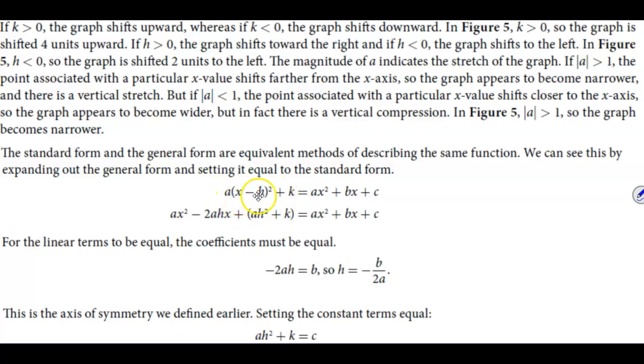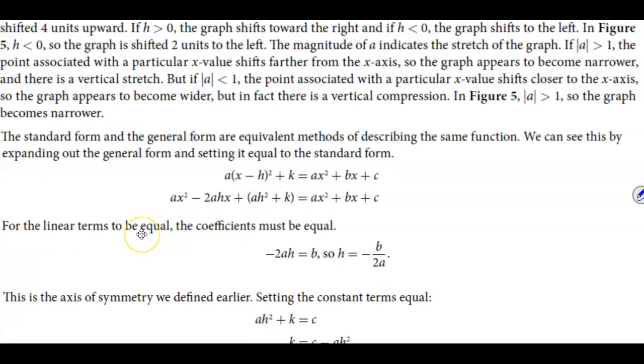What we do is FOIL x minus h squared and then multiply it by a. And we get ax squared minus 2ahx plus ah squared plus k, which is equal to ax squared plus bx plus c. Now you can see here that we grouped this part together and the beginning 2 terms together.